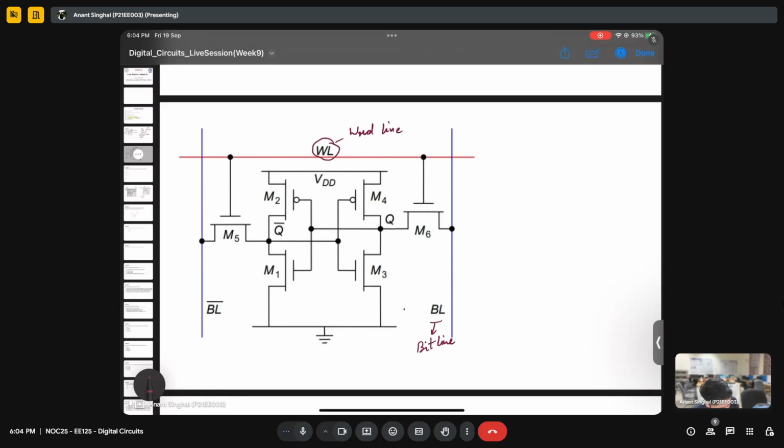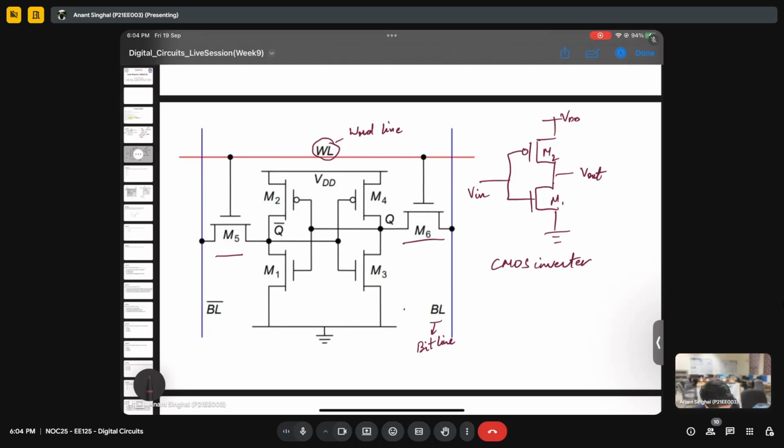You can see that a circuit consisting of M1 and M2, if I draw it separately, looks something like this. It is M2, M1. We have a ground, and let's say we have a VDD here. Let's say this is the input, this is the output. You might have seen in some of your basic circuit courses that this is nothing but a CMOS inverter, right? So M1, M2 is a CMOS inverter. Similarly, M3, M4 is also a CMOS inverter, and M5, M6 are connected to both of these inverters.